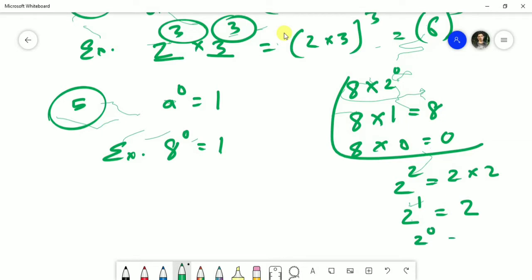But if there is 2 power 0, it means there is no 2, but it doesn't mean there is 0. There will be no 0. So anything power 0, for example 261 power 0, is also going to be 1. Anything power 0 is always going to be 1. I hope this makes it clear to you.